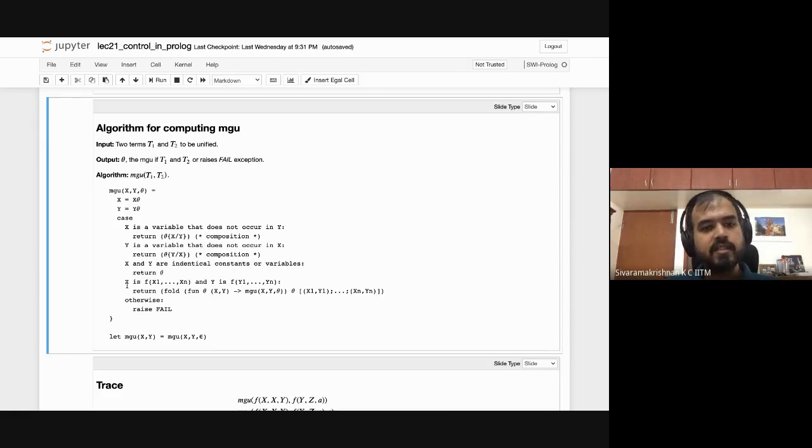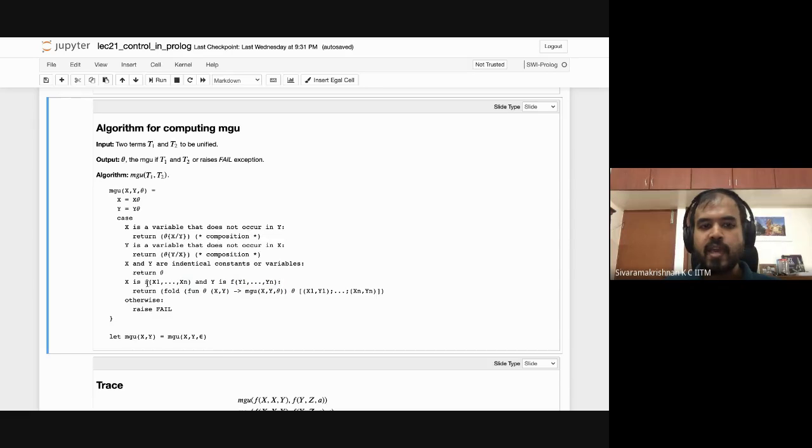But these x and y terms could be compound terms, so I am actually pattern matching here. I am saying if x is f(x1 to xn), y is also f(y1 to yn). What I'm checking is x and y are two terms which have the same top function symbol f and the same arity, then do something. Otherwise, return fail.